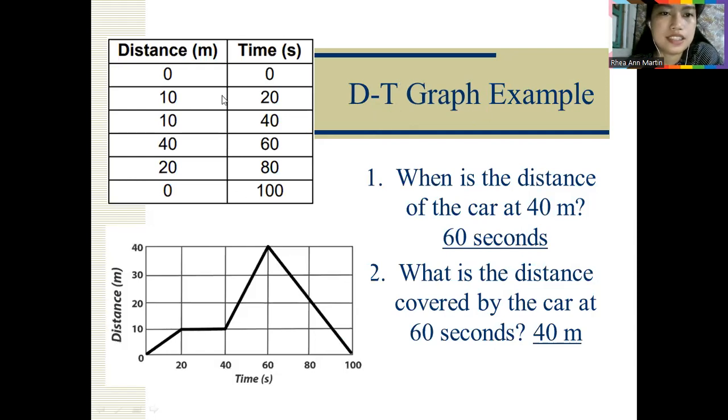Right. So we have an example here, a distance-time graph example. This is the data table. We have distance in meters and time in seconds. The time is 0, 20, 40, 60, 80, 100 seconds, and the distance is 0, 10, 10, 40, 20. So we have the table here and the line graph, with 0 meters at 0 seconds, and points here and here.